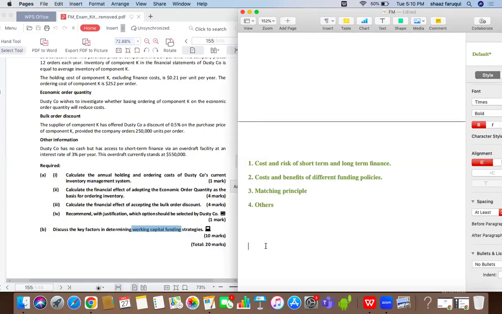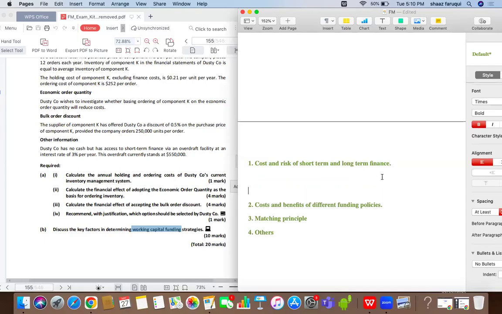If I have to talk about the cost and risk of short-term and long-term finance, I will say, again in points: normally, longer-term debt is more expensive than short-term debt, due to liquidity preference. This is directly there in the textbook.